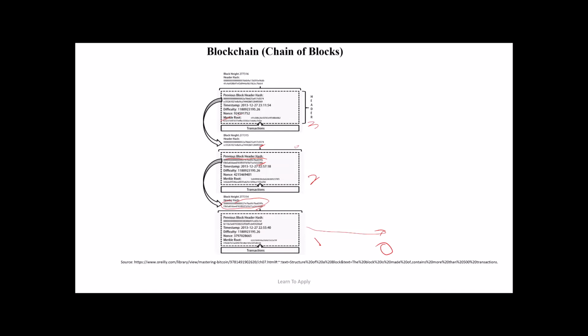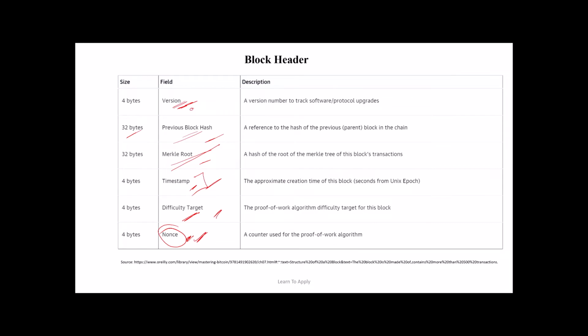So this is about how blocks are connected and what goes into the block. Specifically, we have seen the block header and the different fields in a block header. Now in the next video we will see the Merkle root, how this root represents all the transactions recorded in a particular block, right? Because we deal with blocks now. The block header has a Merkle root that is a representation of all the transactions inside that block.